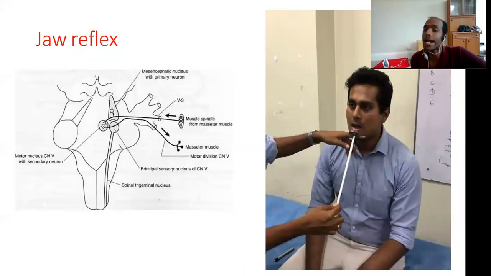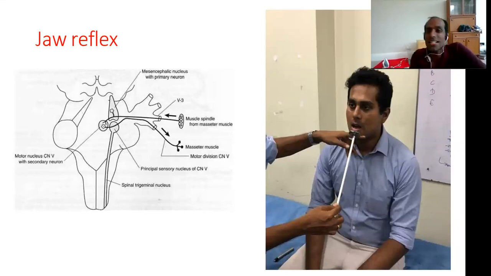The jaw reflex again is an important reflex which is innervated partly by the trigeminal nerve. Now, important things when you're doing the jaw reflex is this: the patient's mouth should be open and your tendon hammer should strike at a 90-degree angle, write this down, to the masseter muscle. It's better if you can ask the patient to close the eyes when you're doing this, because sometimes the jaw suddenly closes.